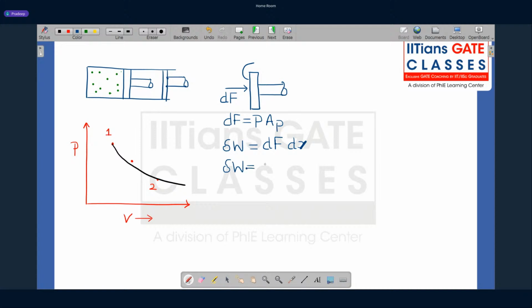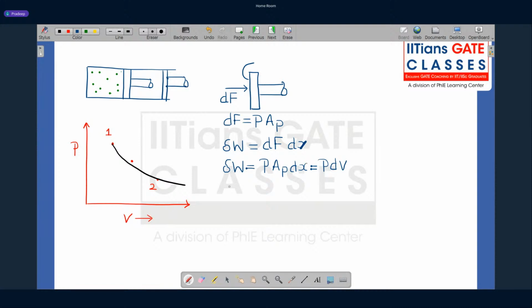It becomes pressure into area of the piston multiplied by dx, which is PdV. What is dV? dV is the change in the volume of the gas when the gas is expanding, and the change in volume because of that expansion is dV.